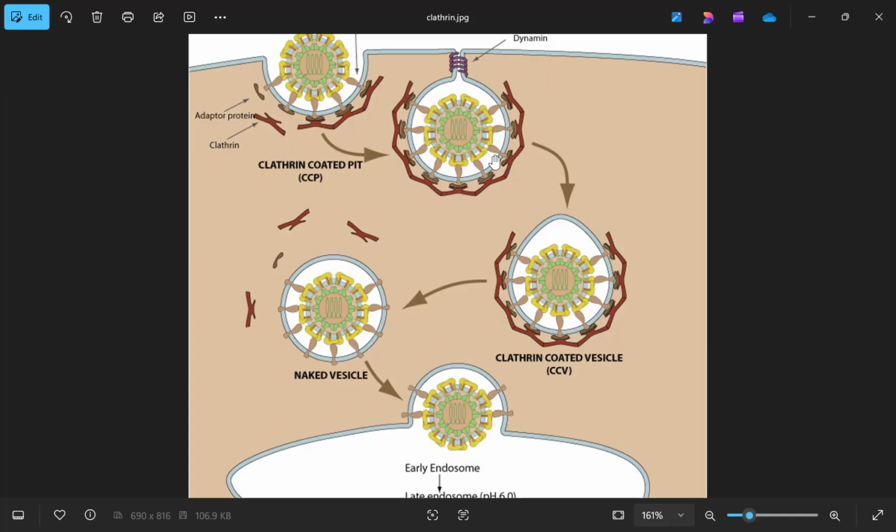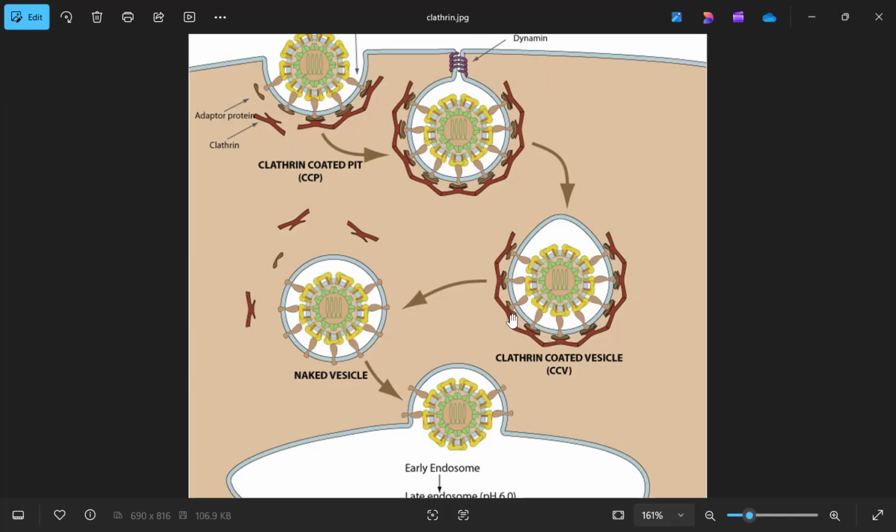Now, this coating will stabilize and help to bring the actual virus into the cell, and then dynamin comes in and pinches it.